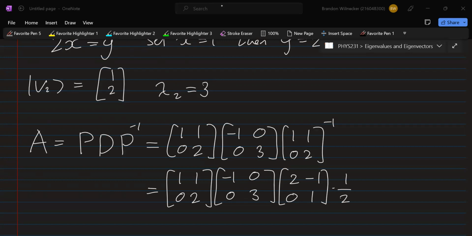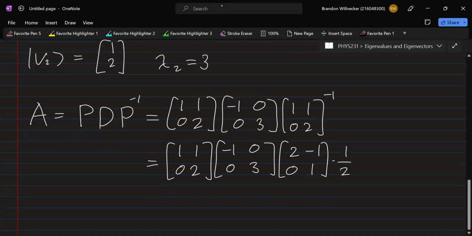Once that is done, we can then find the exponential of this by exponentiating the diagonal matrix in the middle. So this implies that e to the A is going to be [1, 1; 0, 2].